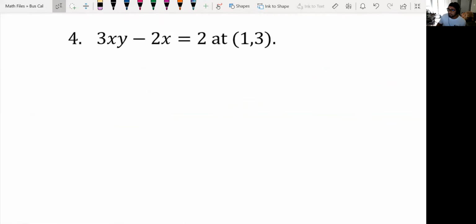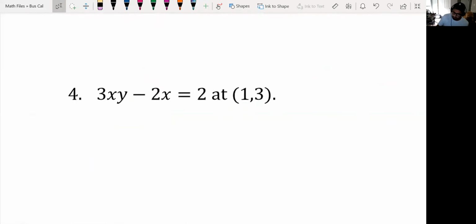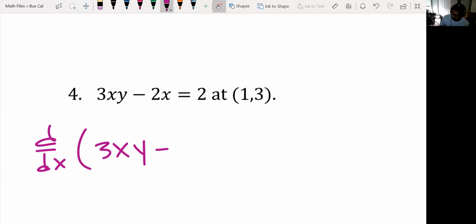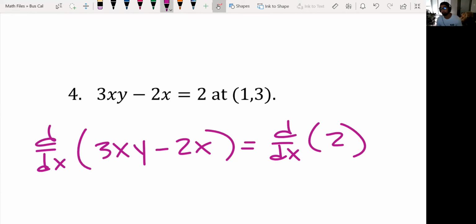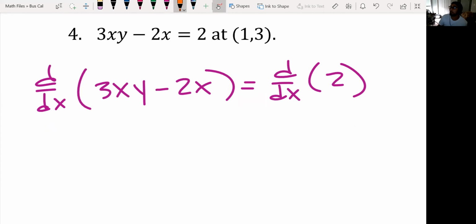This one's going to take a little bit of work, because now, since this is an implicit equation, when we take the derivative with respect to both sides, I'll show you in a second, we'll keep this process the same. Apply d over dx to both sides. And now we run into a problem, because since this is implicit, x and y are both functions.